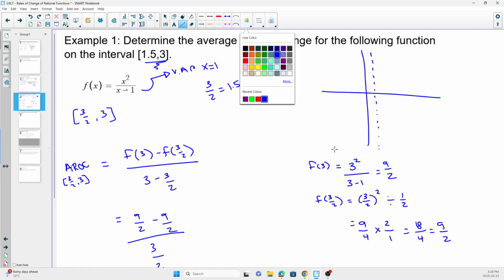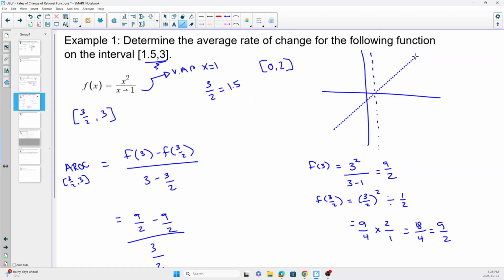Let's say, I'm just going to make it up, but it looks something like that. So on the right hand side of this vertical asymptote, which is where this interval is, the function is actually going from decreasing to increasing.